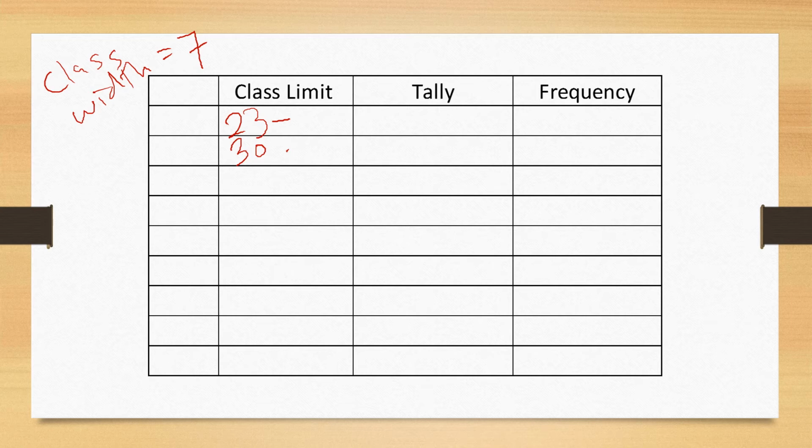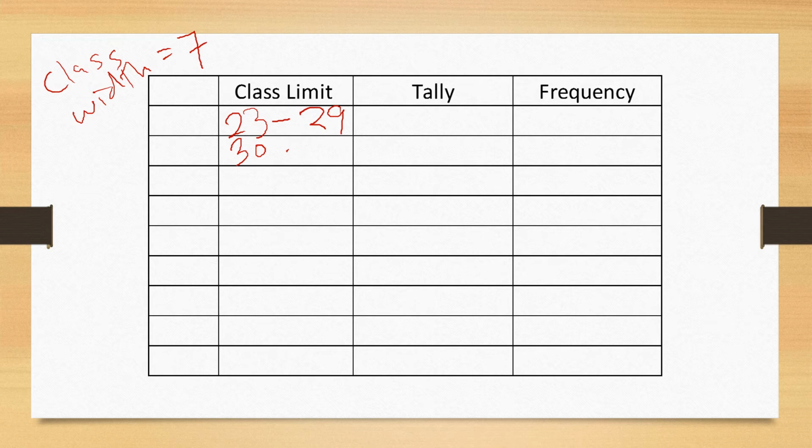There's 23, 24, 25, 26, 27, 28, and 29. That's 7, so that's why this goes up to 29. All those values, 23 up to 29, land right here, and that's what our class width represents. That's why we are adding 7 vertically to come up with our class limits.